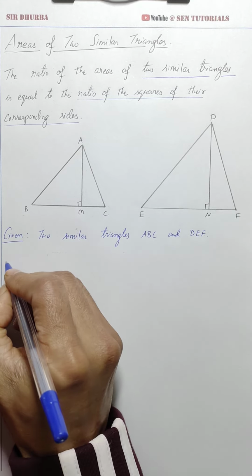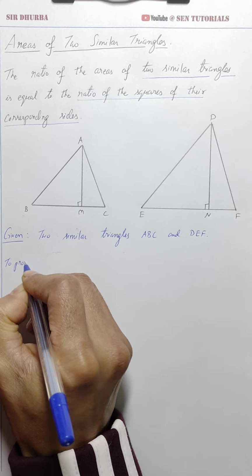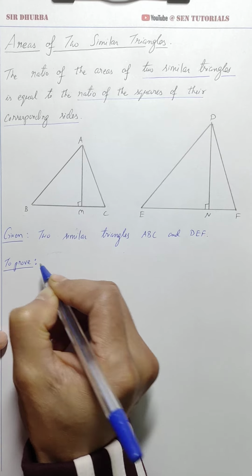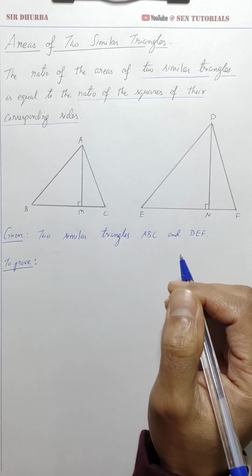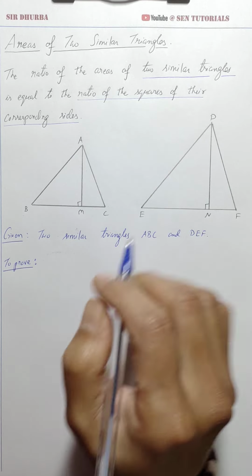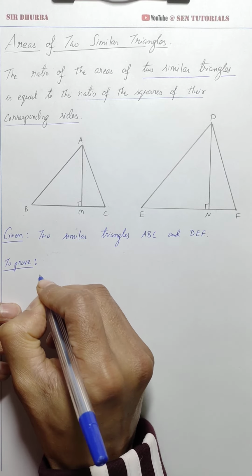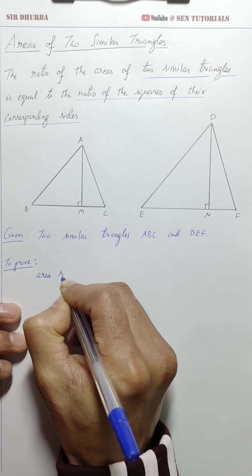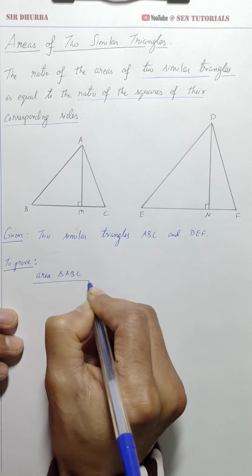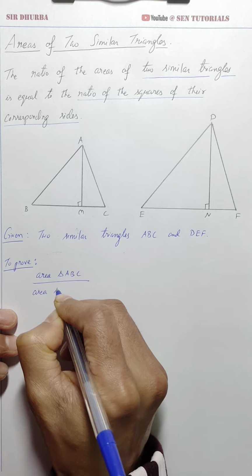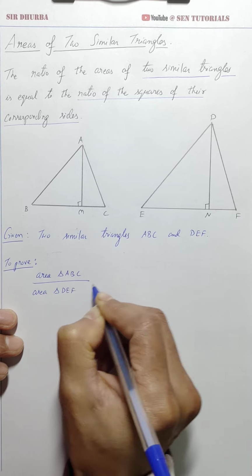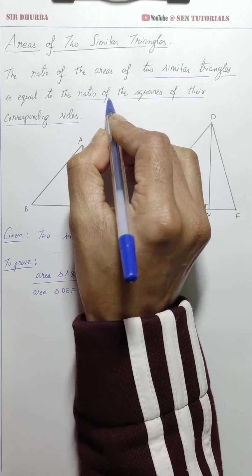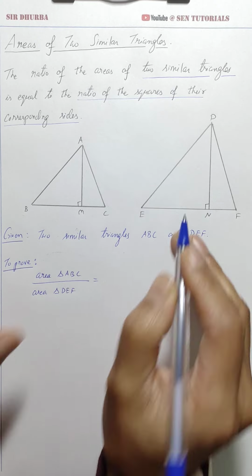Okay, so what we are supposed to be proving, or what proof do we have from this theorem, is that the ratio of the areas of two similar triangles, that means area of triangle ABC upon area of triangle DEF, will be equal to the ratio of the squares of their corresponding sides.